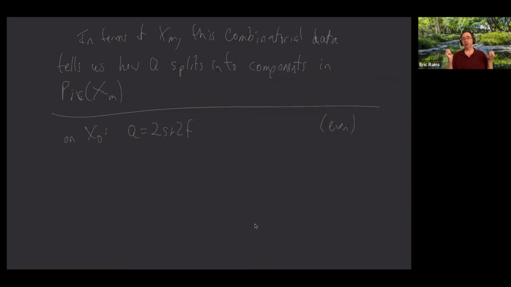So the other possibility is that we're going to blow up the singular point. If we blow up the singular point, we're going to pick up an extra component. And so Q is going to now have the exceptional curve as one of the two components. And then what's left over has this class 2s plus 2f minus 2e1.